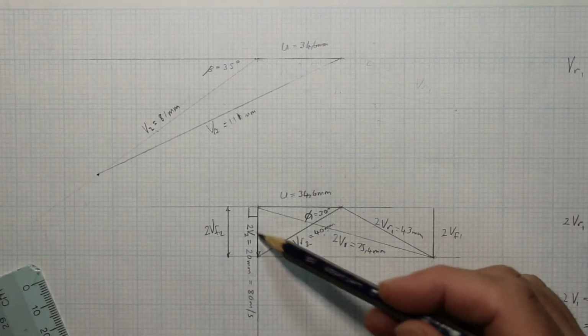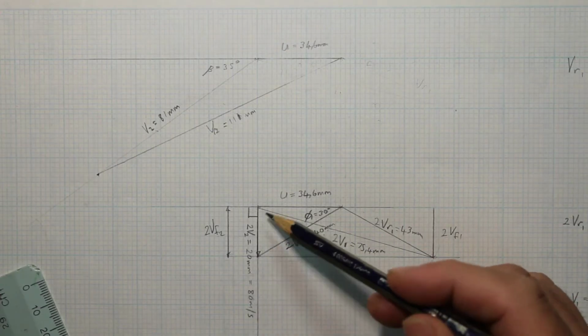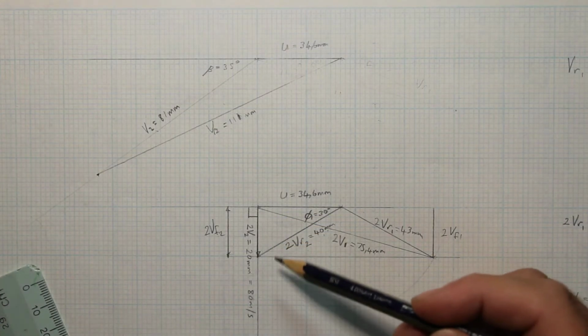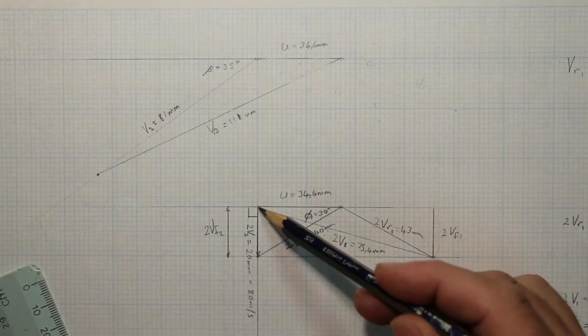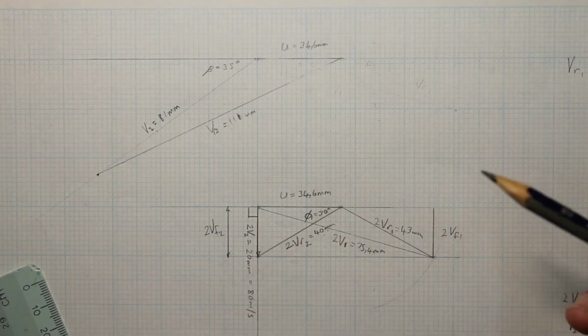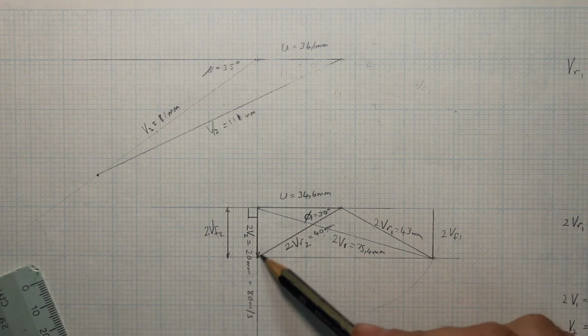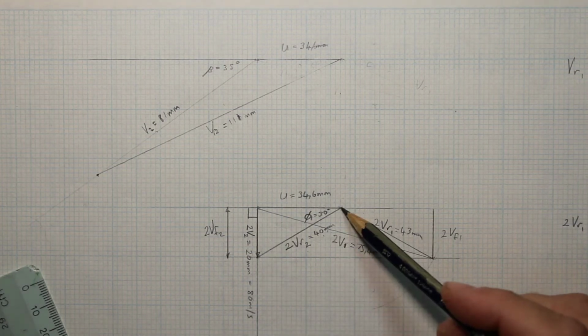All right, and then the outlet steam, V2. They told us it's 80 meters per second. So we have to divide it by 4 because of the scale, and we get 20 millimeters. So from that point to that point, it's 20 millimeters. All right, then we can just join up this point to this point now.